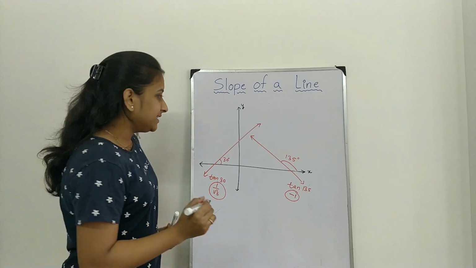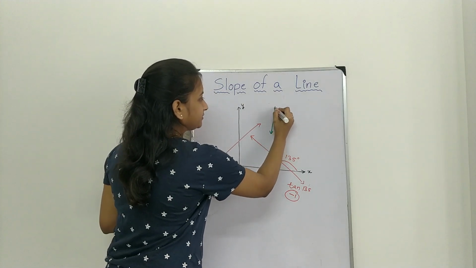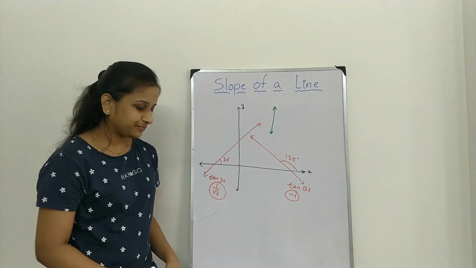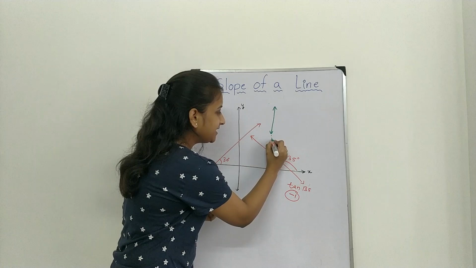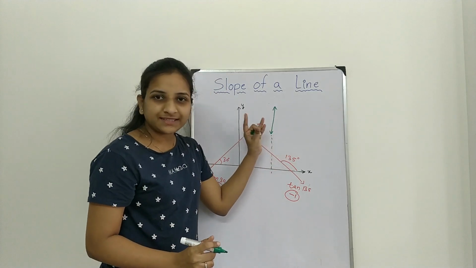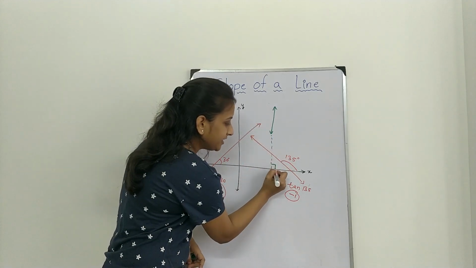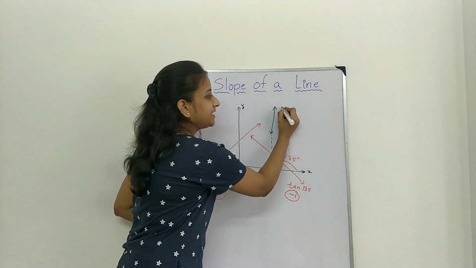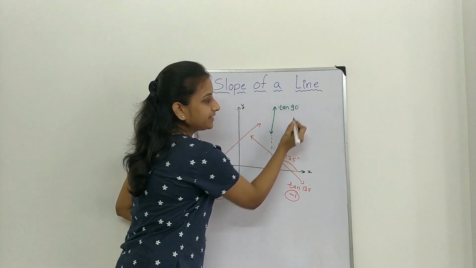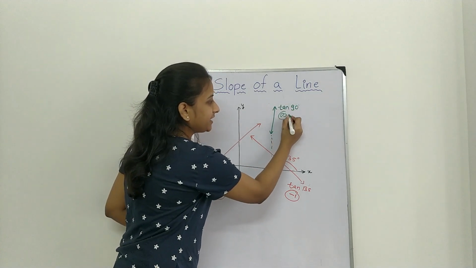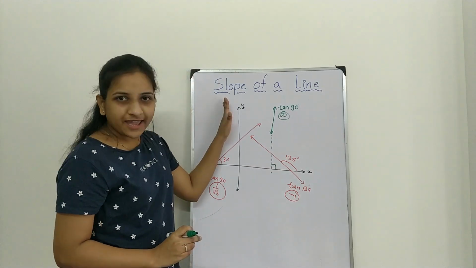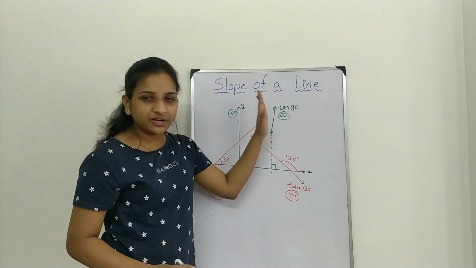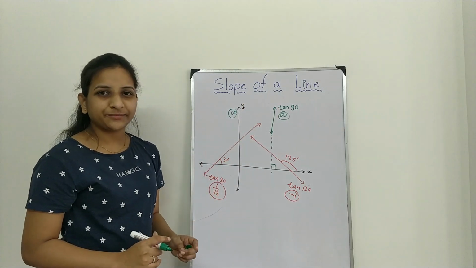If I draw a line like this, parallel to y-axis, then what is the slope? See, if I extend this line, it is making 90 degree with the positive x-axis. So slope of this line is tan 90. Tan 90 means infinity. Slope of y-axis is infinity and slope of a line parallel to y-axis is also infinity.